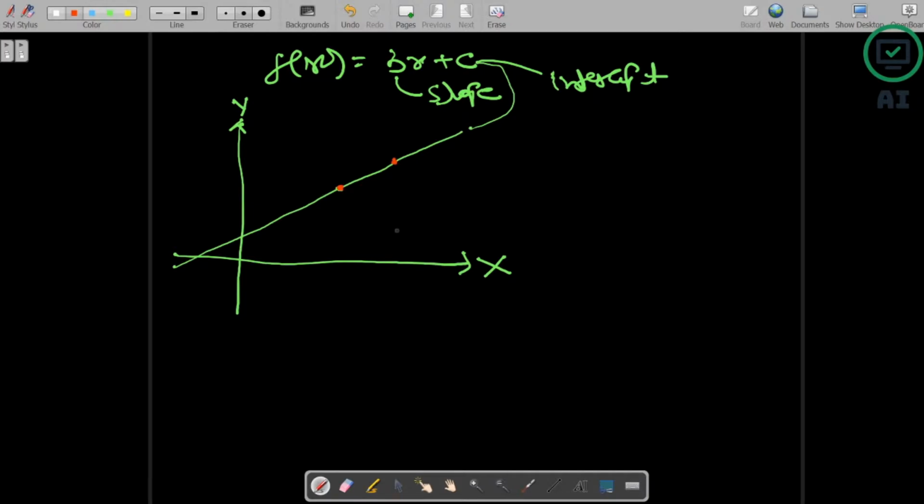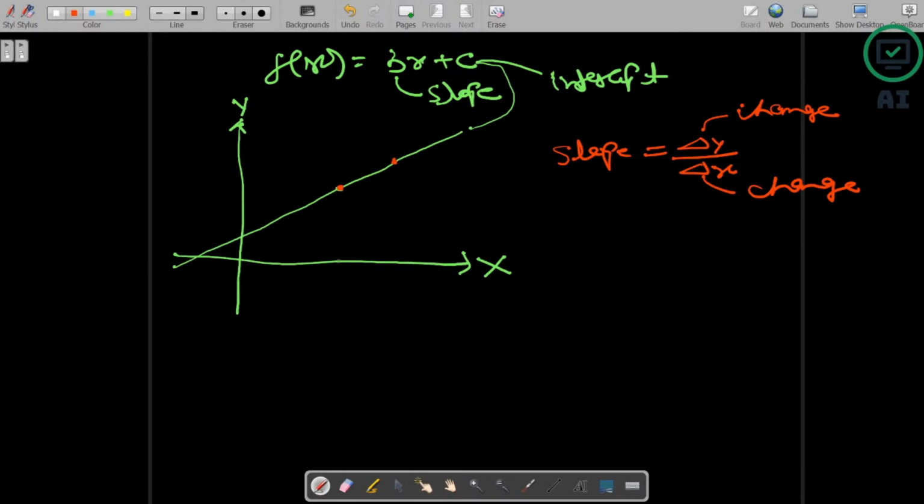So what is slope actually? Slope is nothing but delta y divided by delta x. Delta is nothing but change, so change of y over change of x.